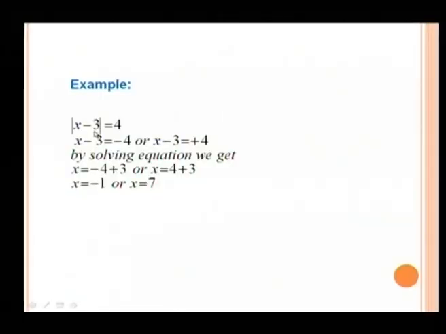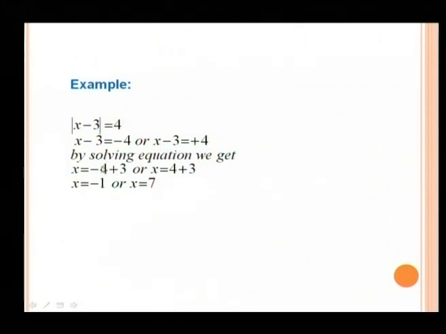Now we come to solve some equations which have an absolute sign or modulus sign. You can see an example on the screen. The example is to solve |x - 3| = 4. There arise two cases: x - 3 = -4 or x - 3 = +4.